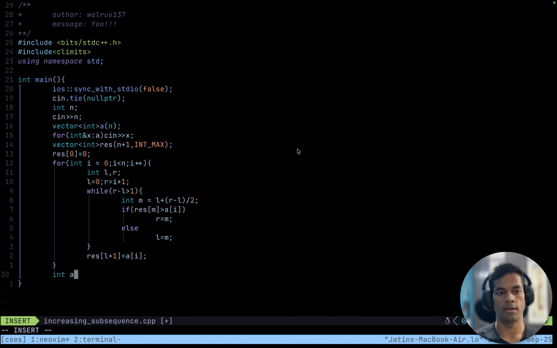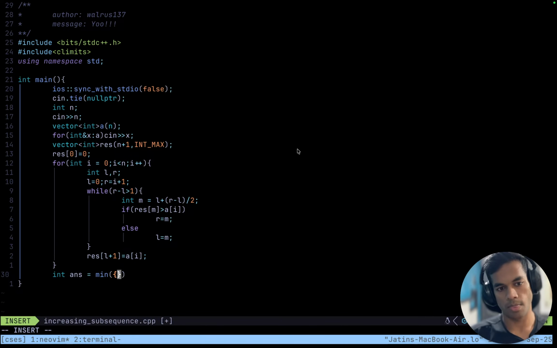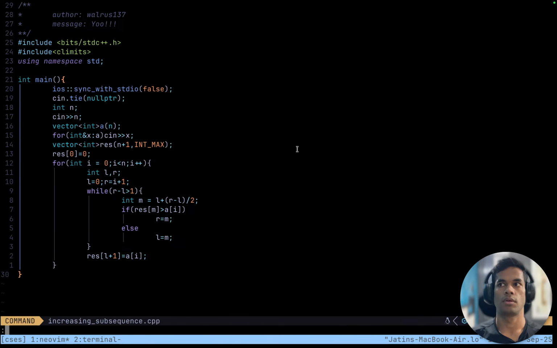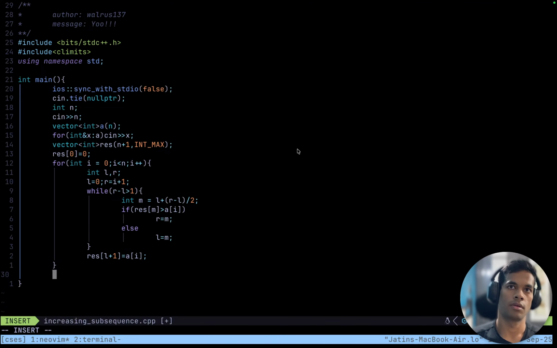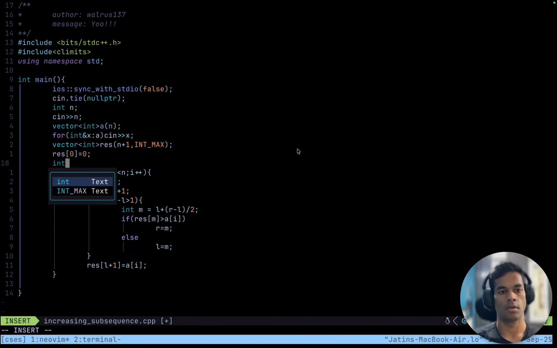And int answer equals minimum. Res dot begin. No. We are looking for the maximum length, so int mx equals 1.